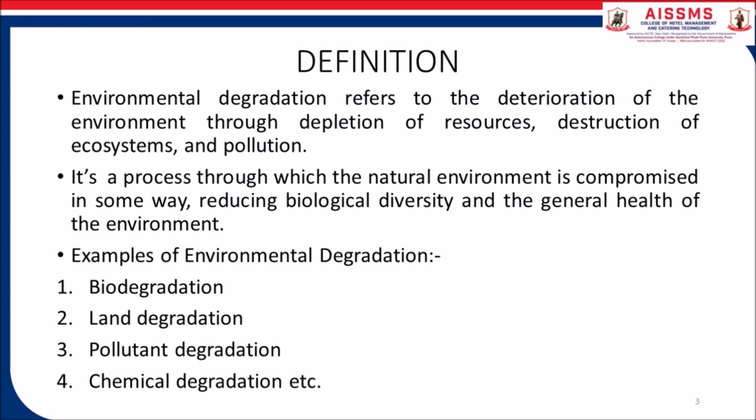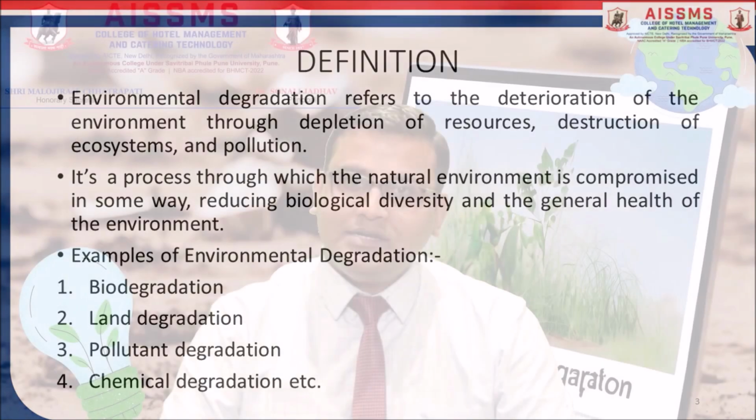It is a process through which the natural environment is compromised in some way or the other, which results in loss of biological diversity and affects the general health of the environment. Let us understand this topic through some examples like biodegradation, land degradation, pollutant degradation, chemical degradation, etc.